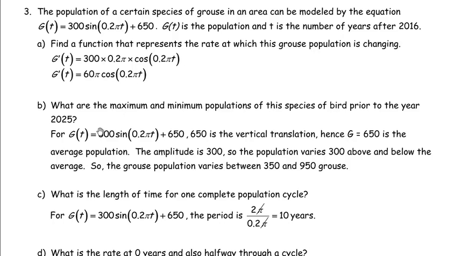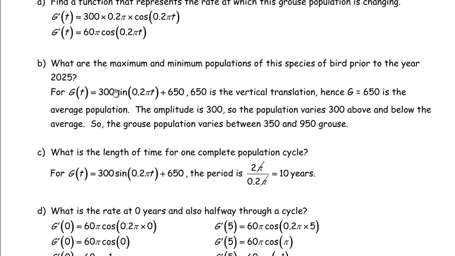In part B, you're asked what are the maximum and minimum populations of this species of bird prior to the year 2025. That's kind of an arbitrary value. In C, the population cycle actually extends almost a full cycle, so the 2025 is not really important.